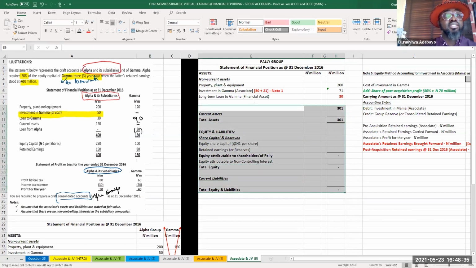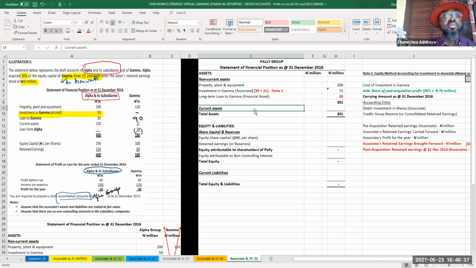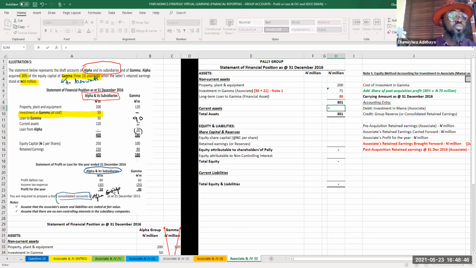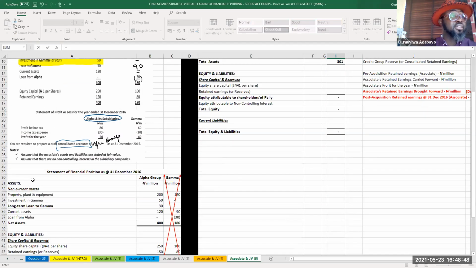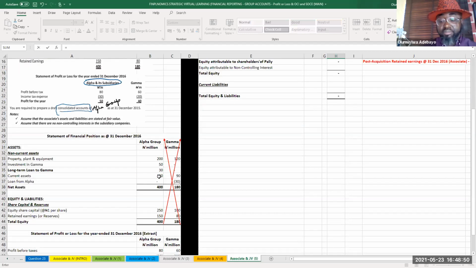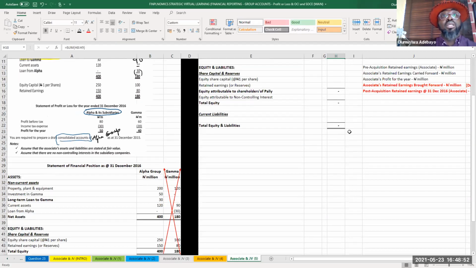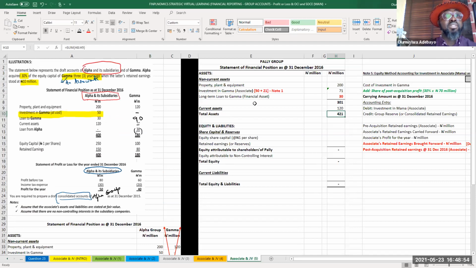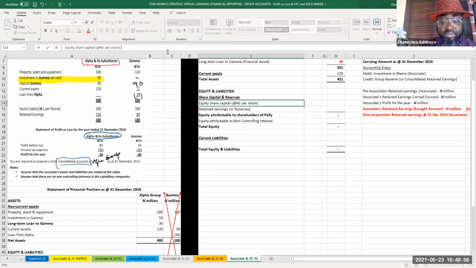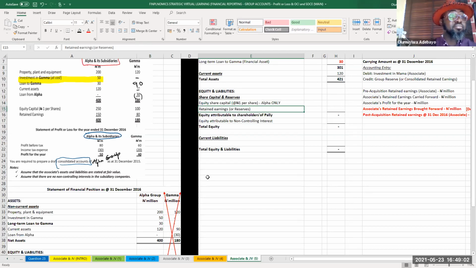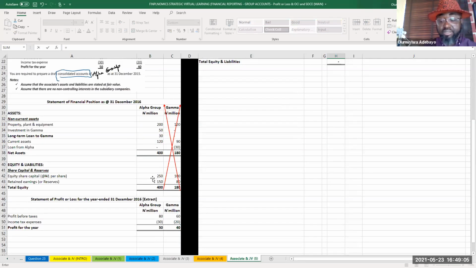What's our current asset? Our current asset is 120. Everything is 421. Share capital, it will be for Alpha only, which is still the same thing we have here, which is 250.